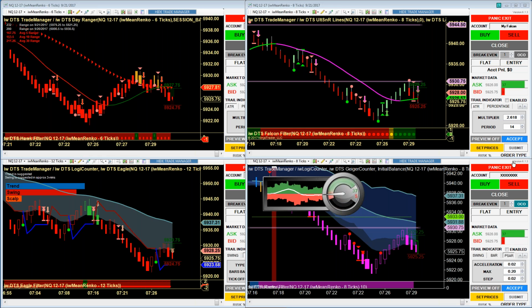Very often at around that 10:30 Eastern mark is when the market will attempt many times to do a reversal.